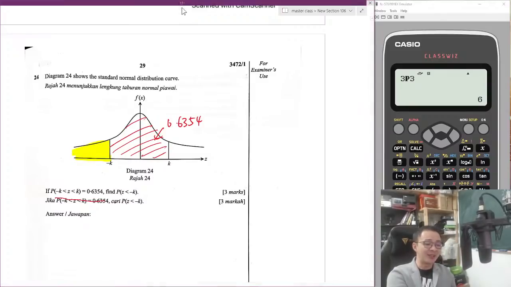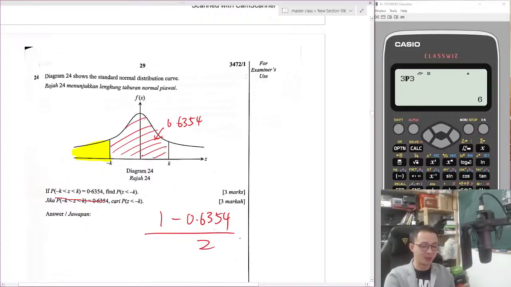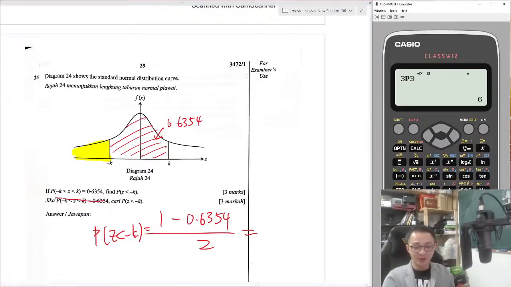So you just need to understand the area for the whole bell-shaped diagram equals 1. Since both sides are symmetrical, you just need to use 1 minus 0.6354, divided by 2. That's all. For probability, Z is less than negative K, it's 1 minus 0.6354 divided by 2.